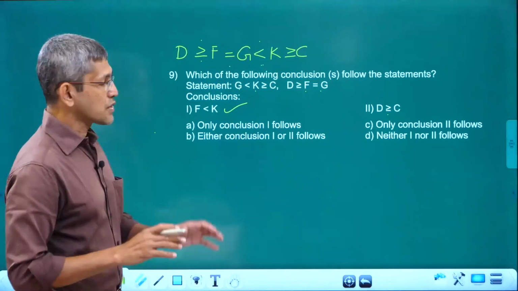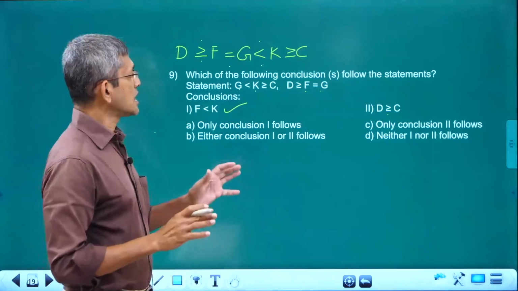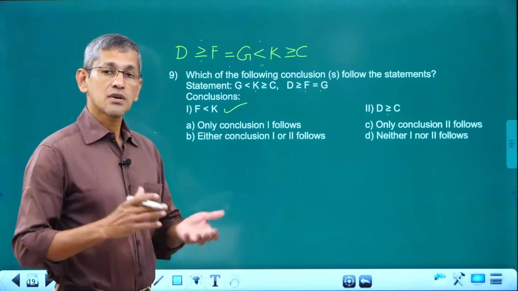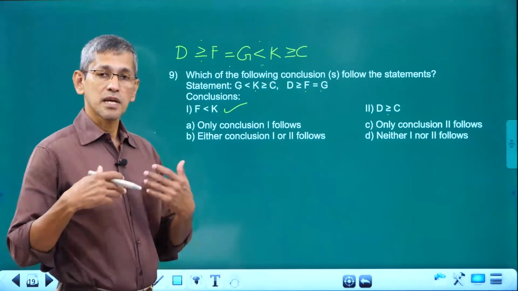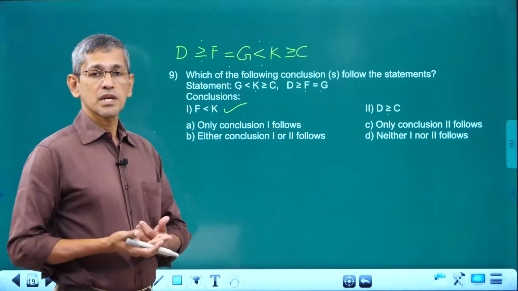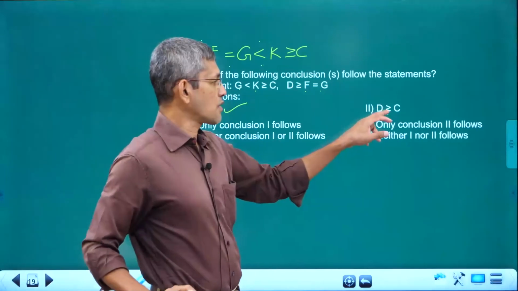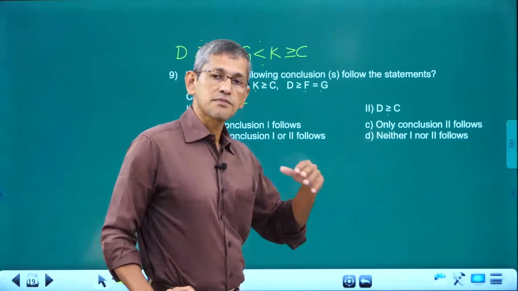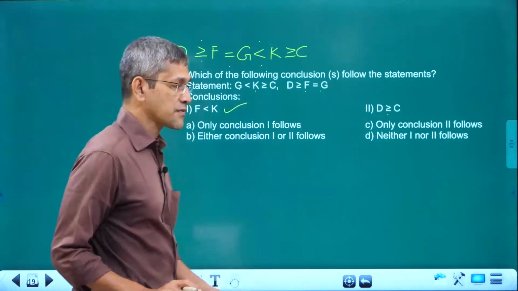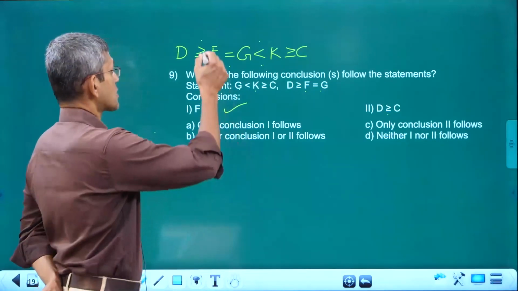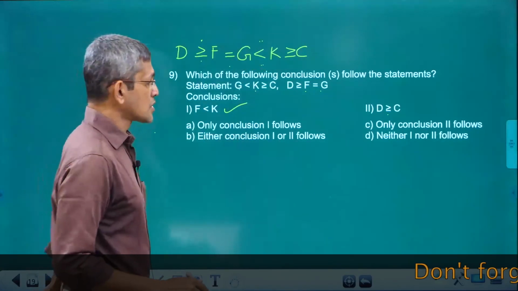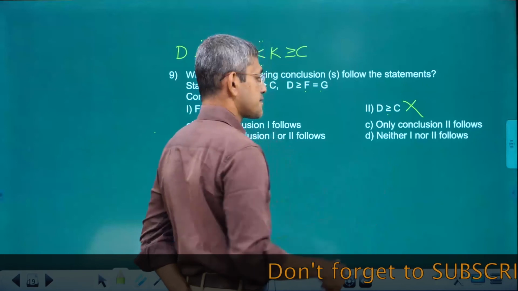That means we don't get a definite result for D and C. D could be greater than, less than, or equal to. There are different possibilities. We cannot always say that D is greater than or equal to C. Sometimes D could be less than as well. The reason is the contradictory signs in between. So the second one doesn't follow.